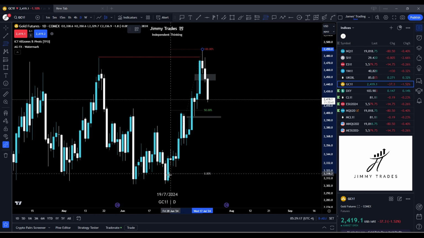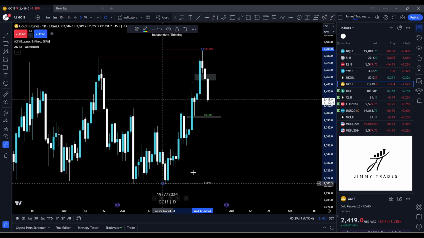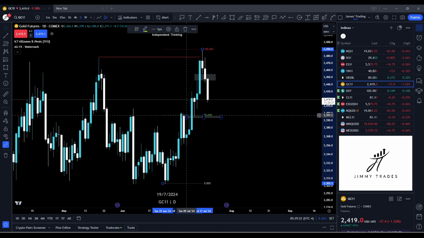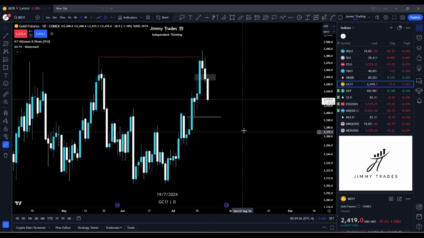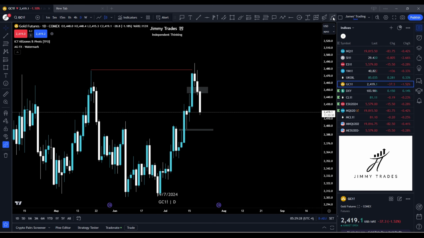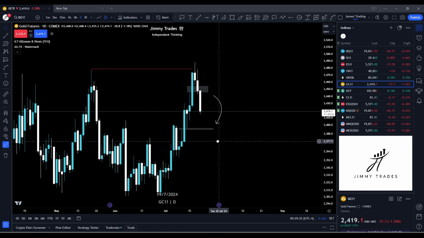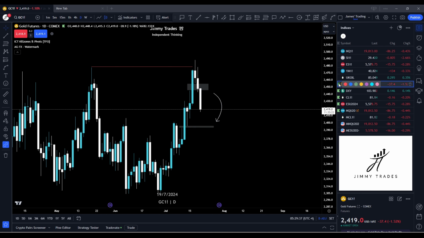Let's see where that is in this range. In discount, look at that. So with that said, I'd be looking for price to reach towards this gap here. So a bearish bias on gold today. All right, let's go to the hourly.